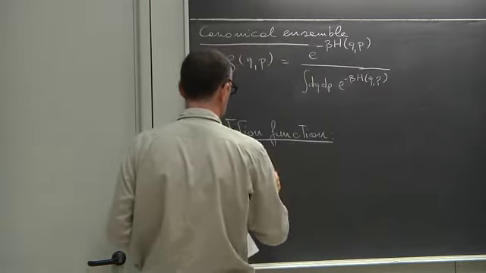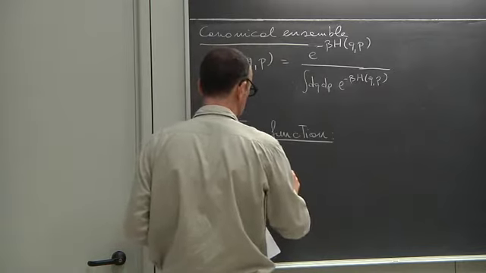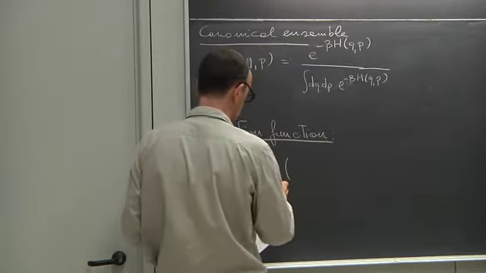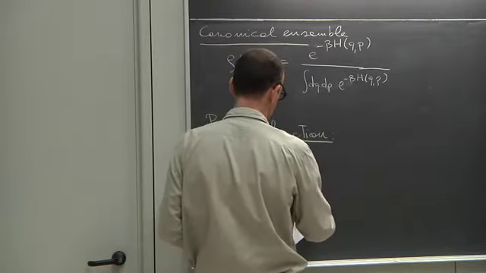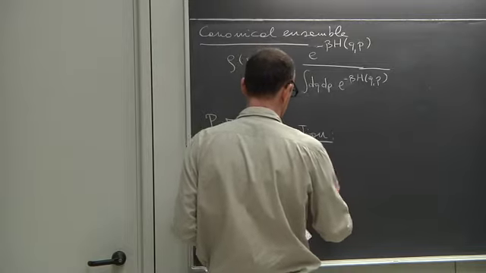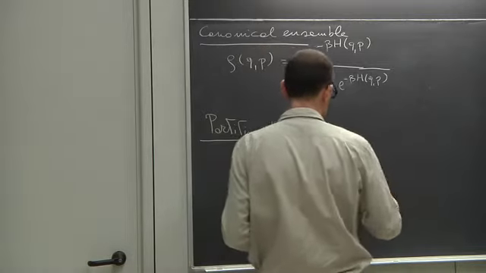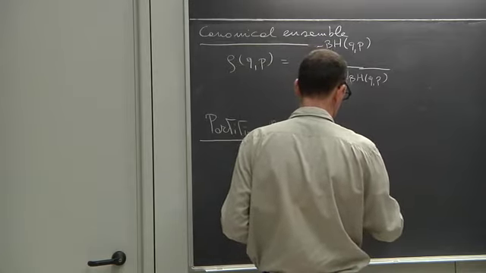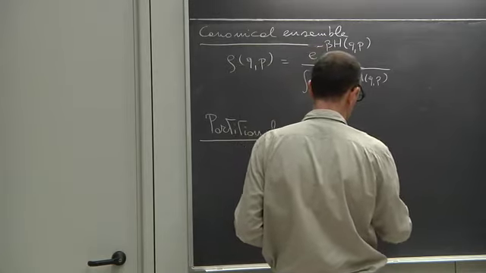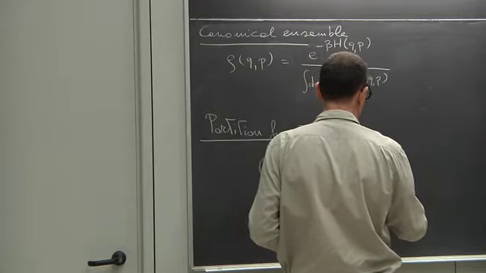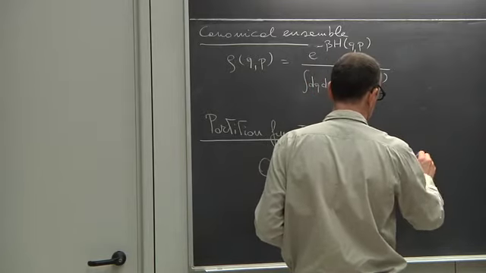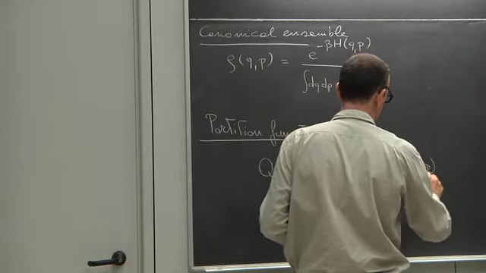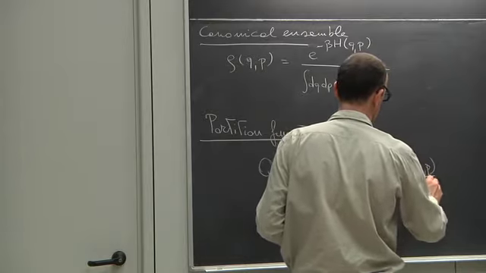So the partition function is a function of the number of particles, the volume, and the temperature. This integral here is e to the minus Hamiltonian divided by kT.